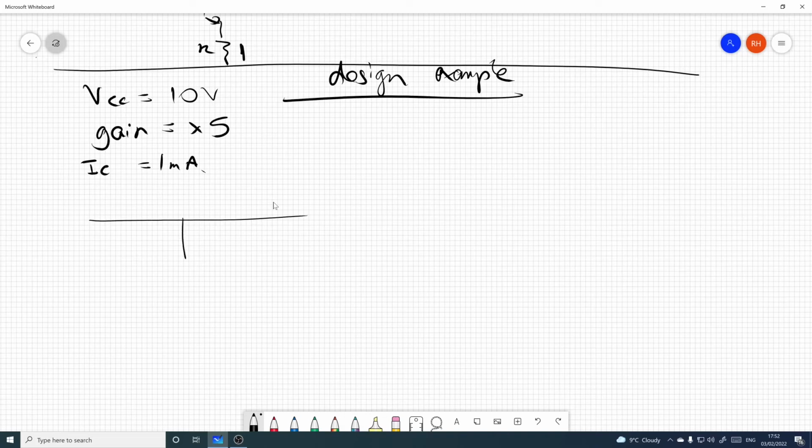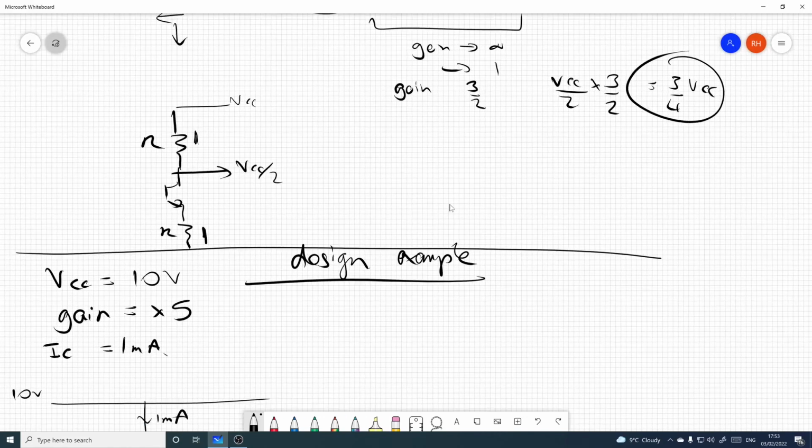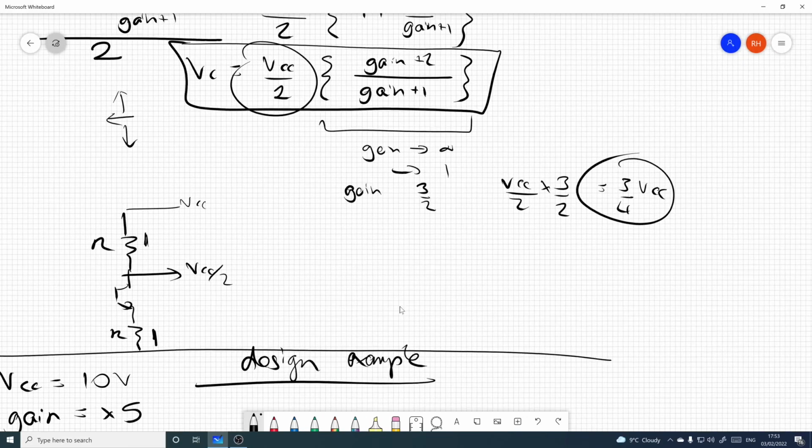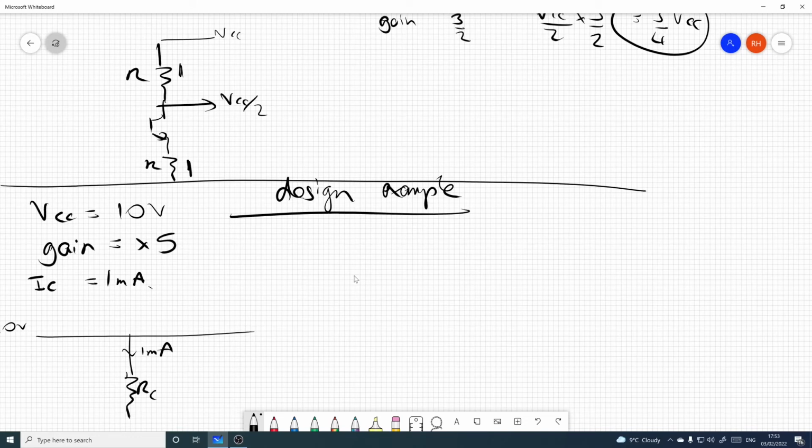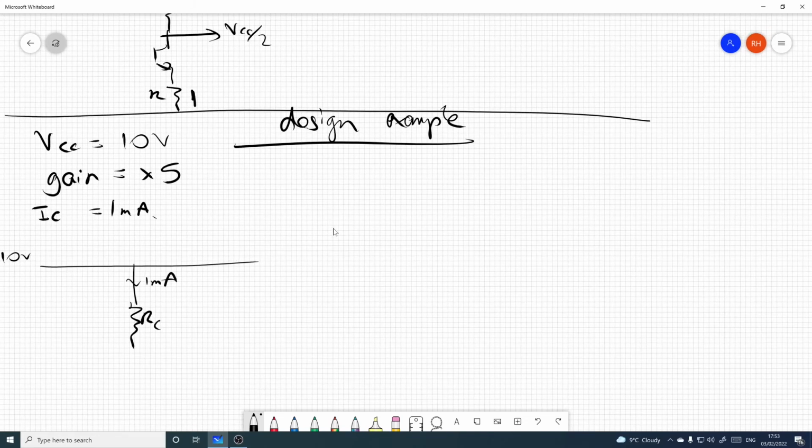Let's just look. We just said we've got 10 volts here at RC. Remember I said I want 1 milliamp through it. There's not any great science there. And I want a gain of 5. So according to the magic expression here, gain plus 2 over gain plus 1, the optimum point to plant this at without any signal at VC here is going to be VCC over 2 times gain plus 2 over gain plus 1.